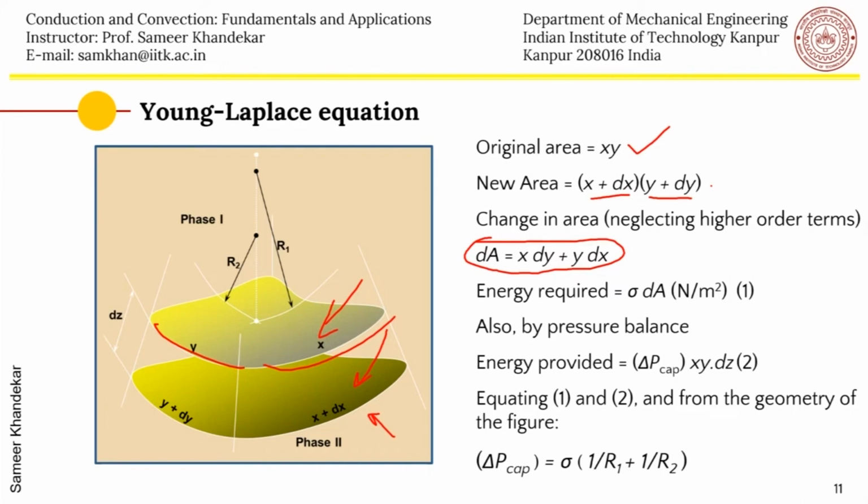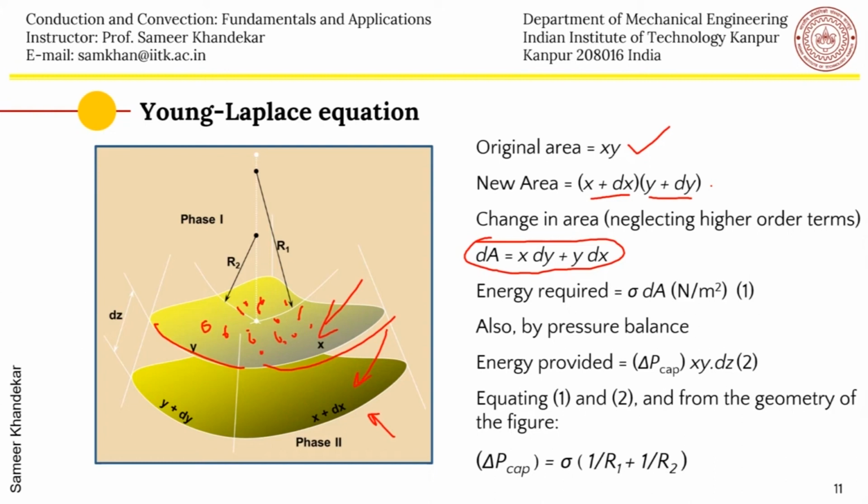If you want to make a larger area out of them, you need to stretch them, and therefore a certain amount of energy is required. As you will recall, this is the surface energy, which is represented by the surface tension. So sigma into dA will be the energy required, in Newton per meter square, for this particular growth of the interface to take place.